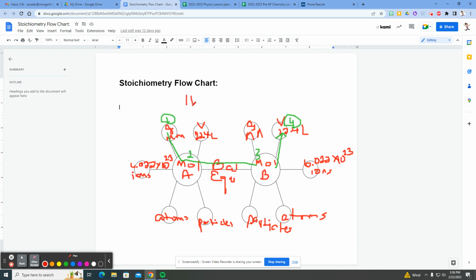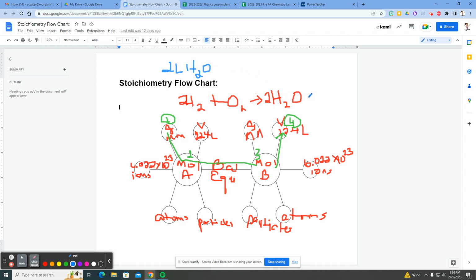Let's put one up here. Let's put hydrogen plus oxygen goes to H2O. Okay, so we need to balance that by putting a 2 there and a 2 there. So let's say I start with 2 liters of hydrogen, and I want to determine how much water I'm going to make.